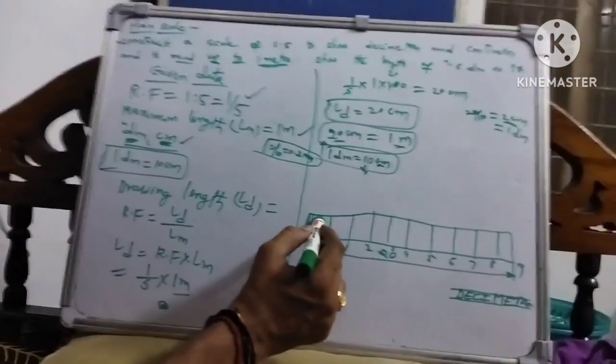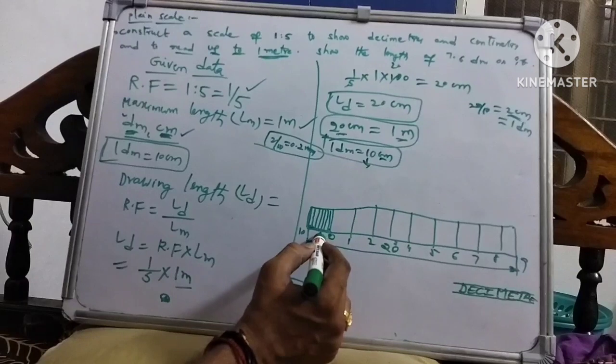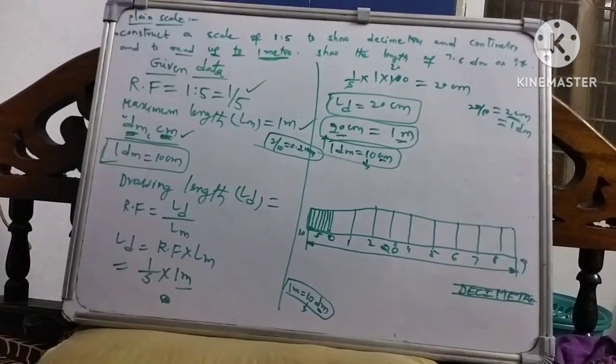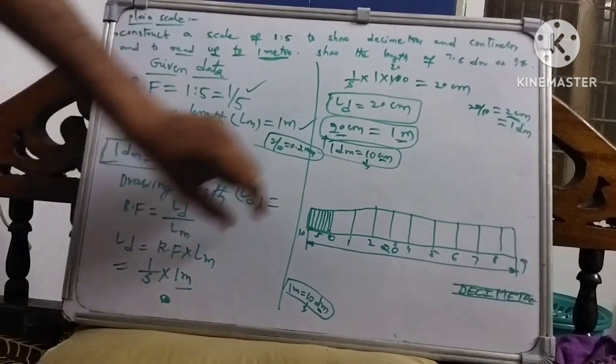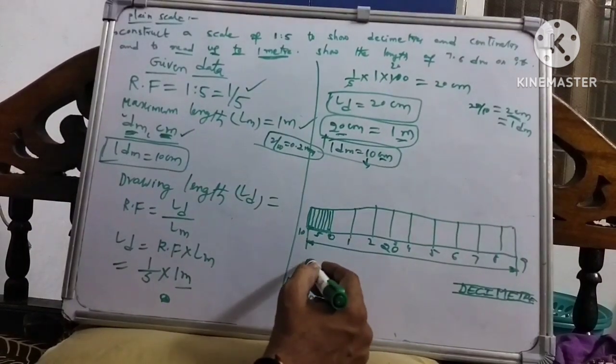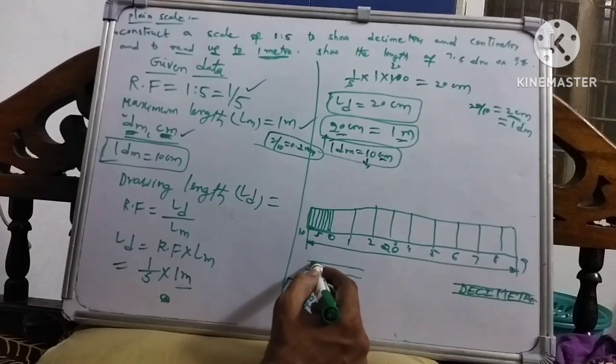Like this, divide into 10 parts, 0 1 2 3 4 5 and 10. So this 1 decimeter line divided into 10 parts means each one is 1 centimeter, right? So this shows the centimeter.